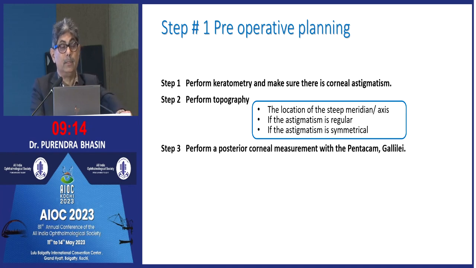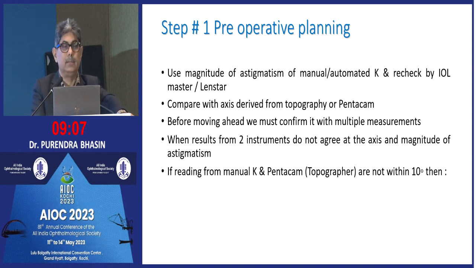Then coming to step 3, perform a posterior corneal measurement with the Pentacam or Galilei, and this is also very, very important. We should use the magnitude of astigmatism of a manual or automated keratometer, which is very much reliable, the power of astigmatism which we are getting, and it should be rechecked by IOL Master and Lenstar.